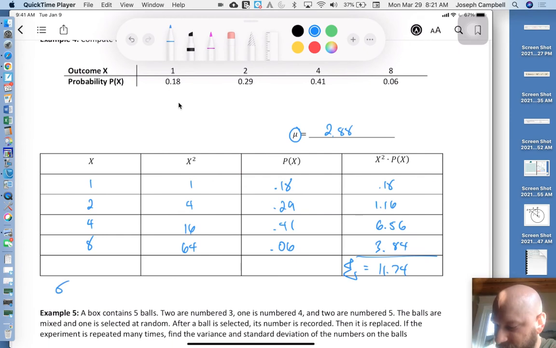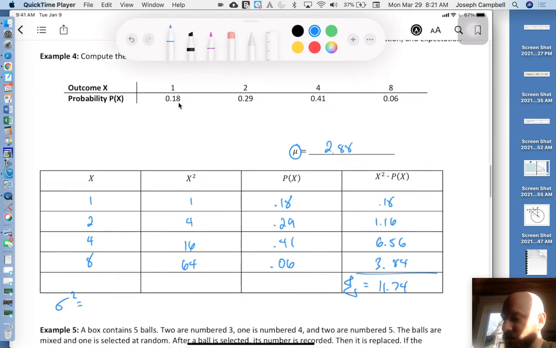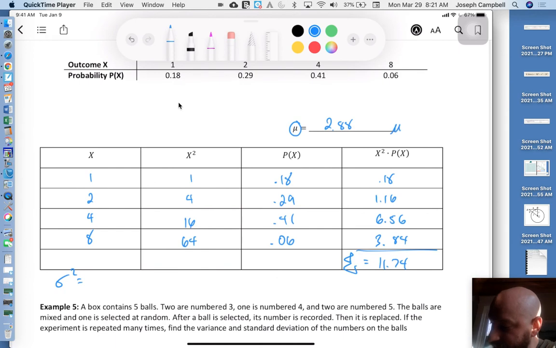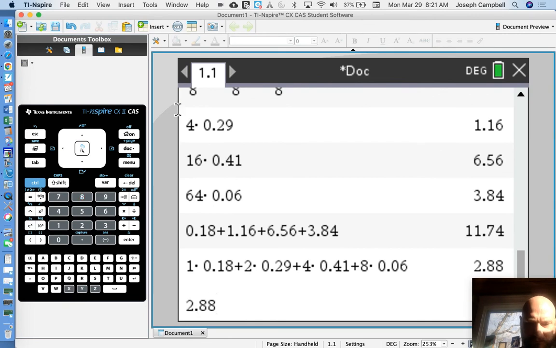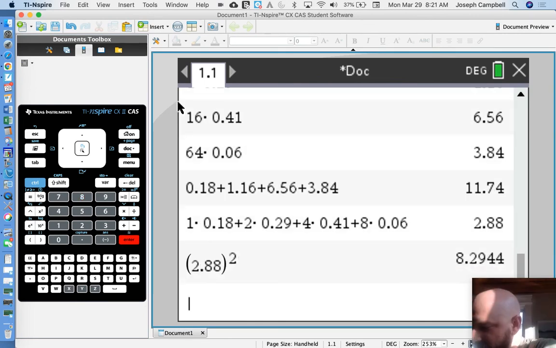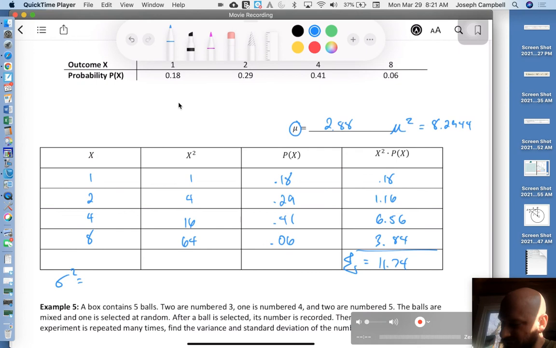So the variance would be equal to that sum minus the mean squared. So 2.88 squared, 8.2944.